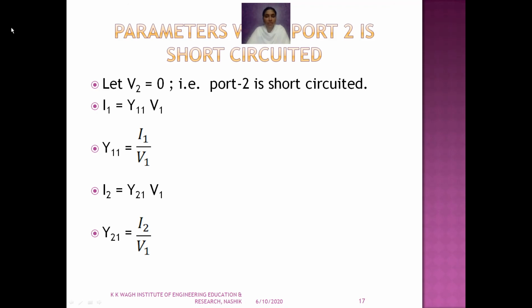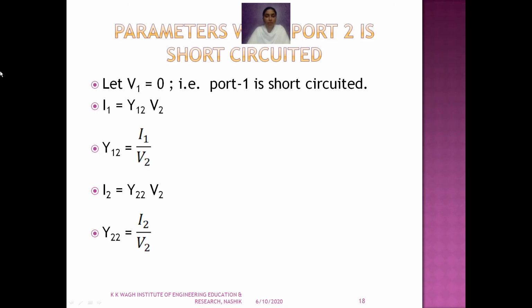So as we are short circuiting port 2, we are making V2 0. Then in the equations which we have written, we get I1 is equal to Y11 V1, that is Y11 is I1 upon V1, and I2 is equal to Y21 V1, that is Y21 is equal to I2 upon V1.